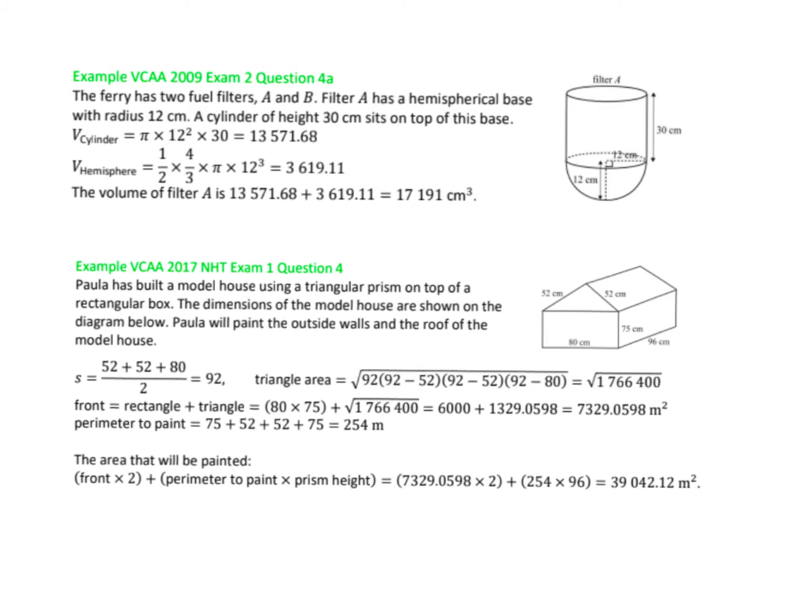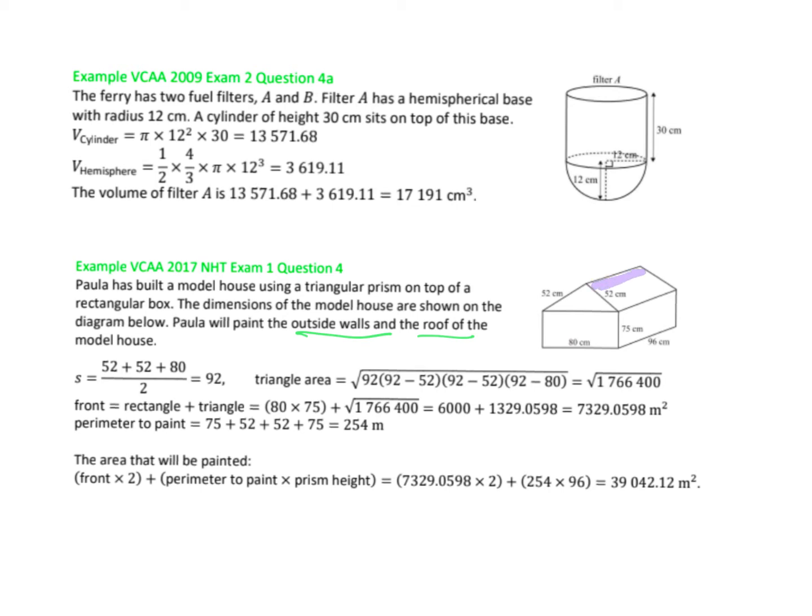This one, find the volume. We've already done that. We put a half a sphere on top of a cylinder. And this one with the tent, we just had to be careful. It asks that they just want to paint the outside walls and the roof. So really you should just break it up.